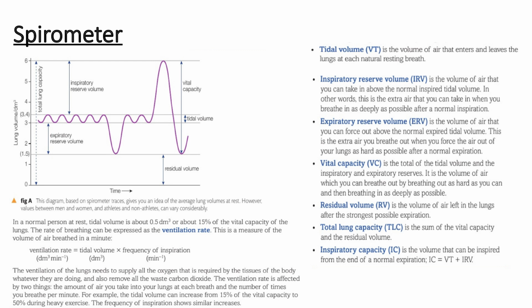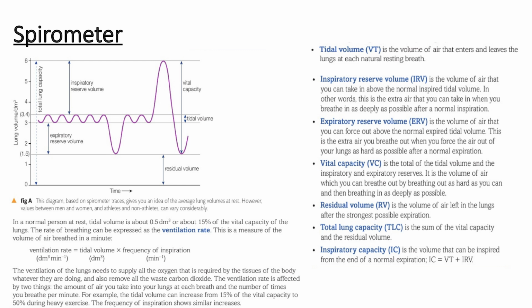Notice there is a small equation at the bottom at the end of this definition: inspiratory capacity equals tidal volume plus inspiratory reserve volume.